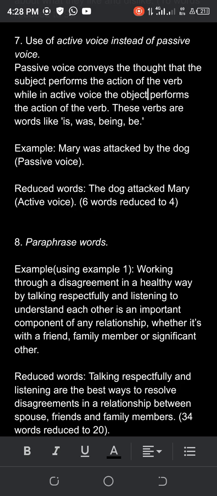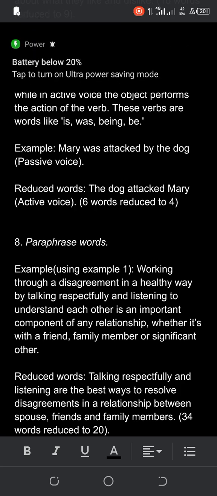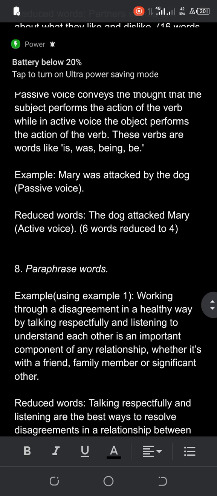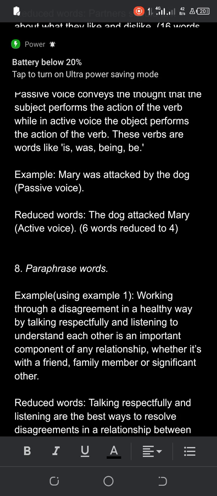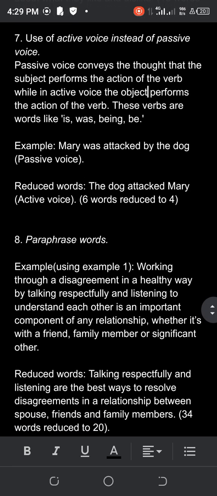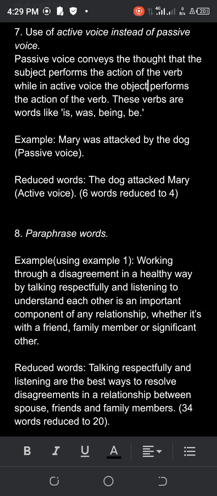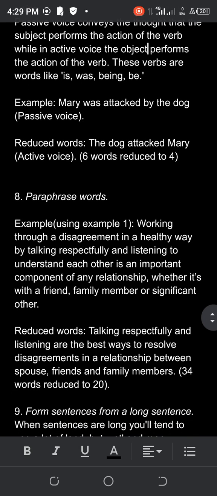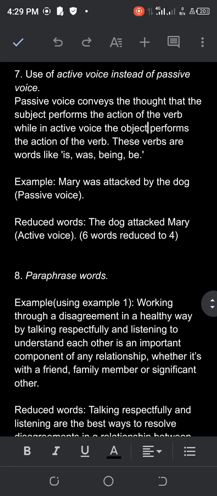So in active voice, the subject performs the action, but in passive voice, it makes it seem like it is the object that performs the act. So always write in the active voice, and you will see that your words reduce, as it reduces here from 6 words to 4 words.